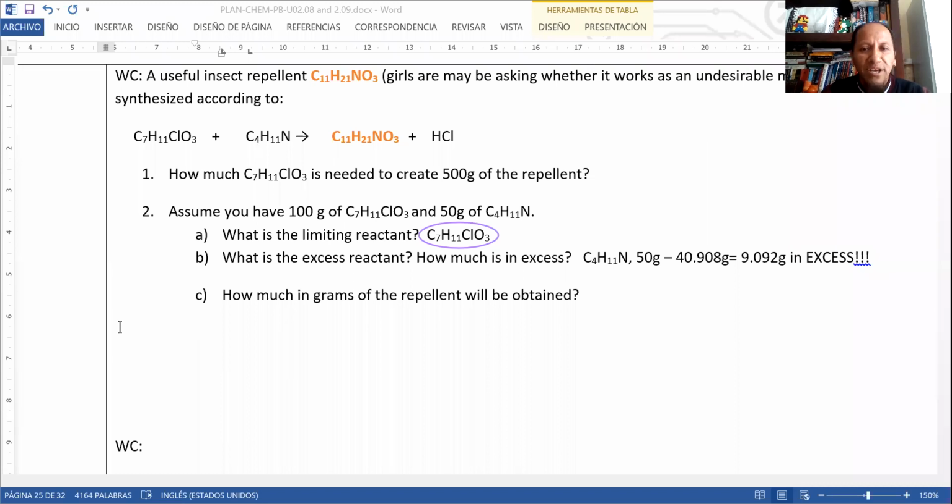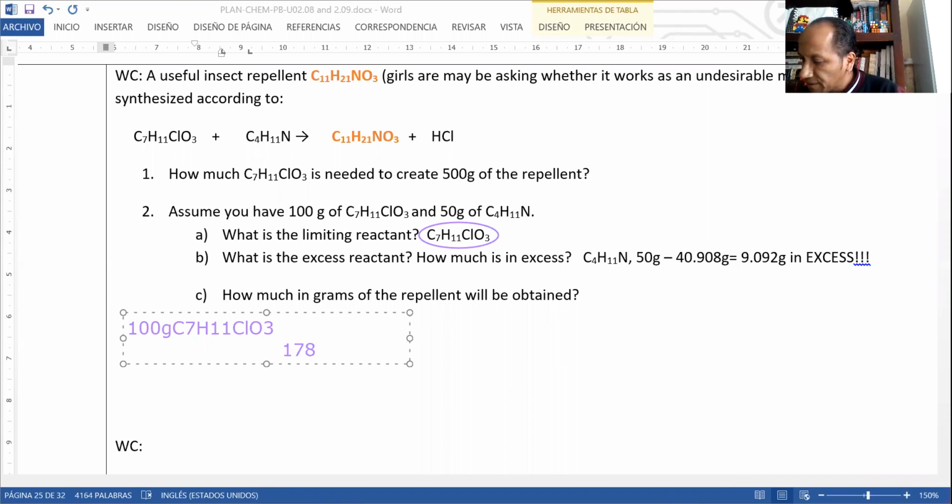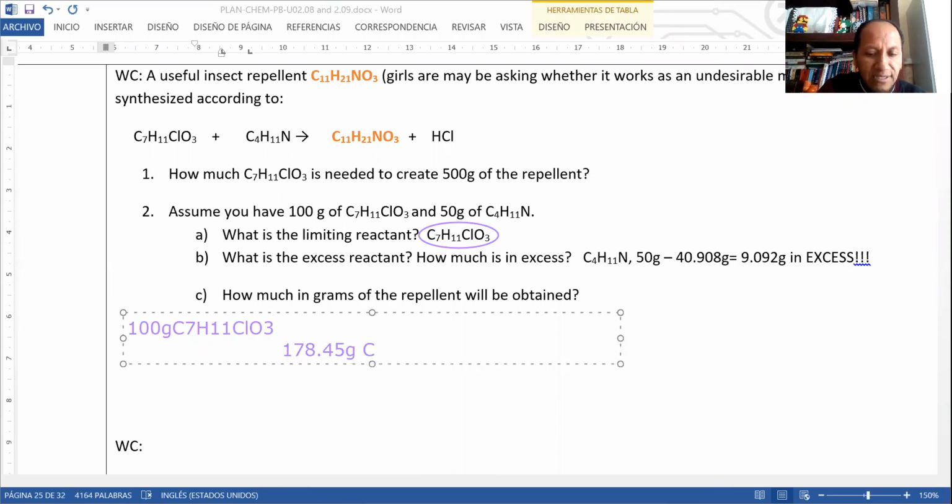So you're going to work with 100 grams, because that's the data for the limiting reactant, C7H11ClO3. Then you do the calculation. I know that that's 178.45 grams of C7H11ClO3, and in the upper part it is 1 mole.